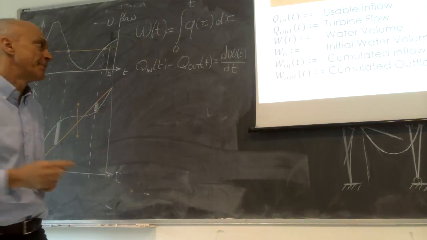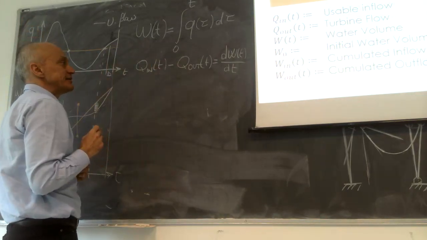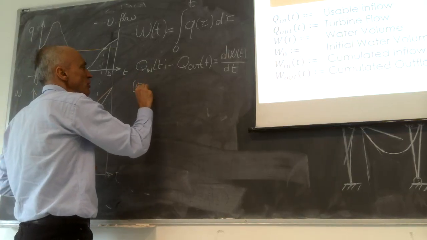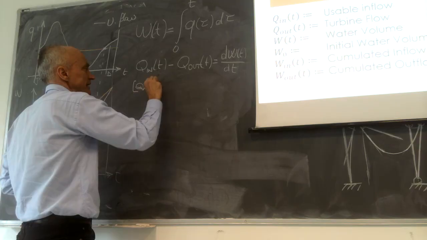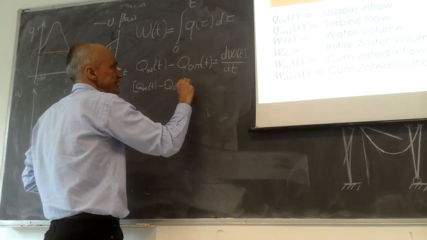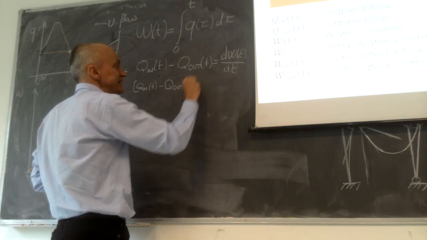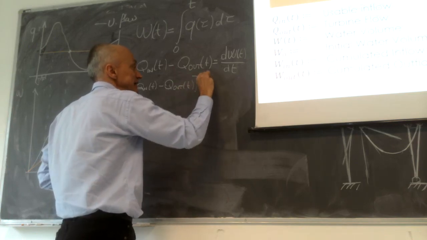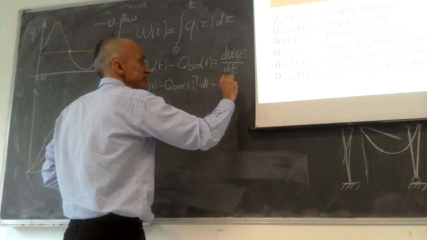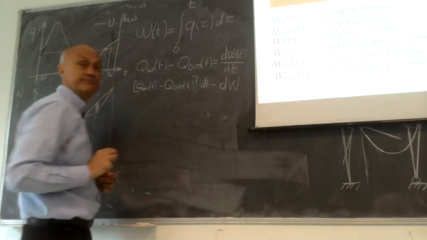Okay? So we can separate the two variables. Here we have inflow discharge in time minus outflow discharge, so the discharge that goes to the turbine in time, times dt, is equal to the differential of the volume.